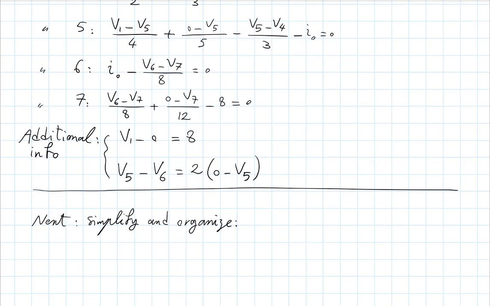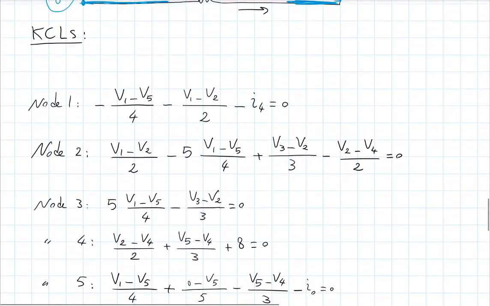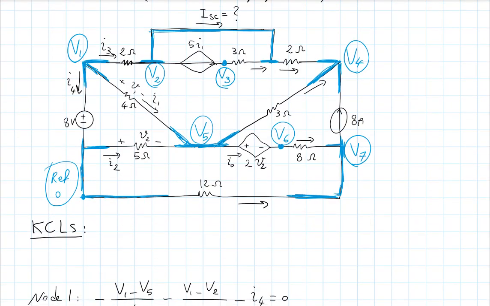But before that, I want to point out something. You see the way I have, when writing these equations, I had all these little currents that I defined. And my inclination is to draw them from left to right. So you might be wondering why I chose the currents in these directions. And the answer is it doesn't matter. Let's take a look, for instance, at what we wrote for node V5.